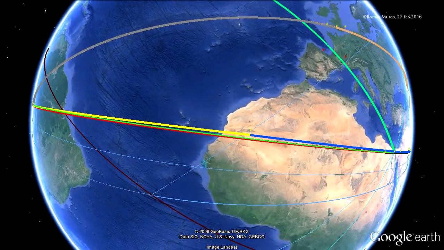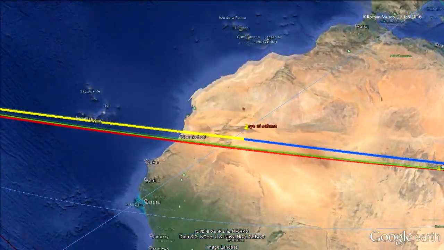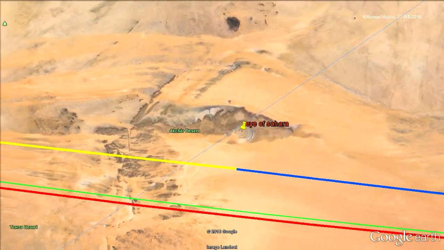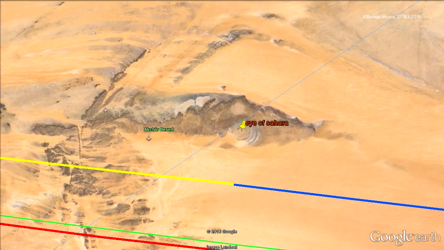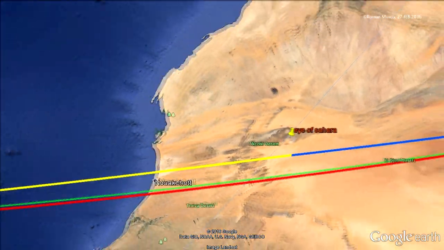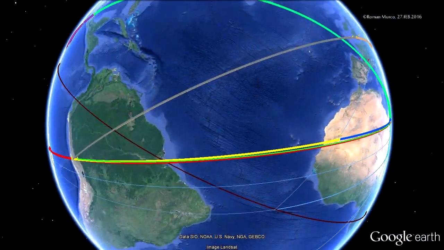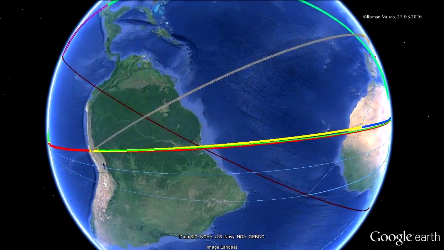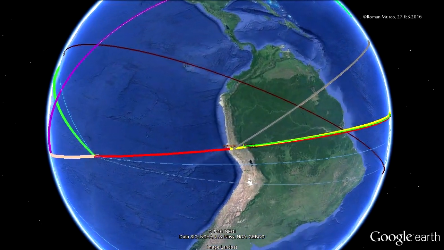I will talk about it, or you will see it at the end. So the Eye of Sahara, yeah, it's a marker. It's definitely a marker, and on this orbit from Giza, when we travel to Nazca, it's the one fifth.